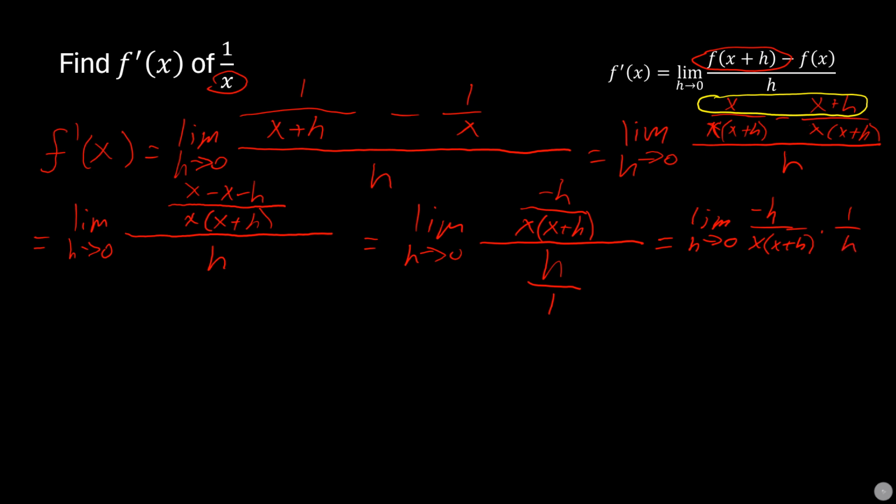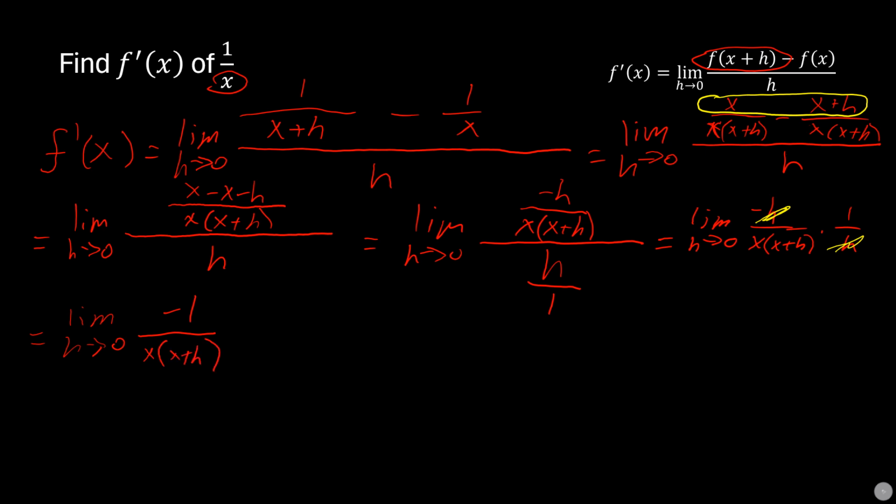Now something interesting happens here. These h's will cancel. So don't even worry about those. And that's perfect. You want stuff to cancel. That's what makes these problems much easier. So now we have the limit as h approaches 0 of negative 1 over x times x plus h.